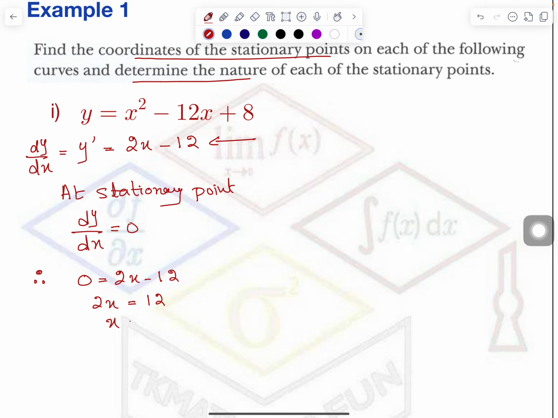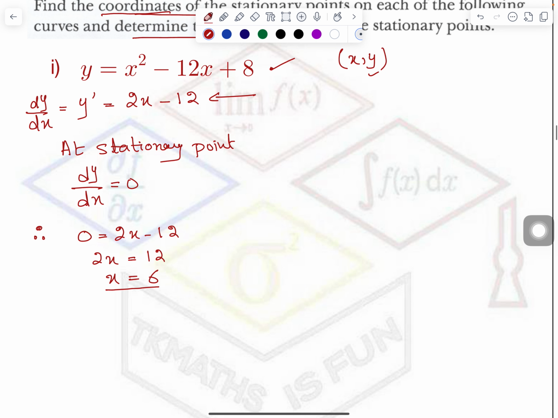Now, in the question it says coordinates. So coordinates mean both x and y coordinates. So now I have to find the corresponding y coordinate as well. So this value of x I will plug into the equation here to get the corresponding y coordinate. So it will be 6 squared minus 12 times 6 plus 8.